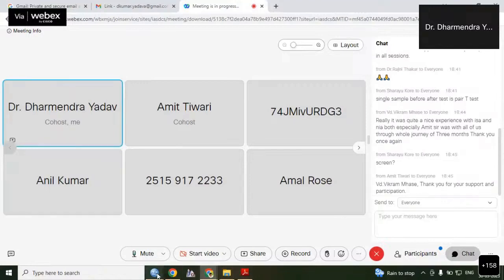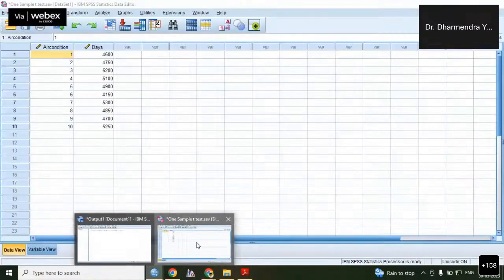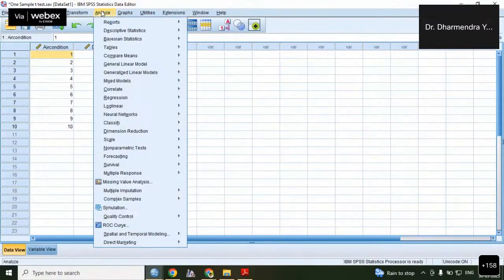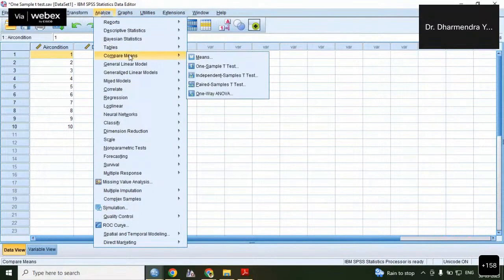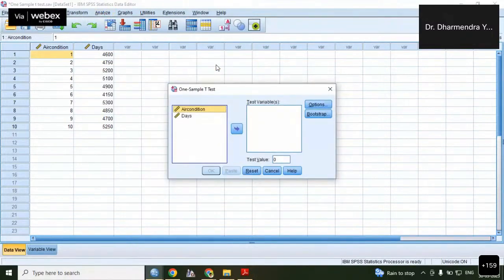We go to Analyze, then Compare Means, because here we are comparing, and then we perform the one sample t-test. For the one sample t-test, the test variable is days.